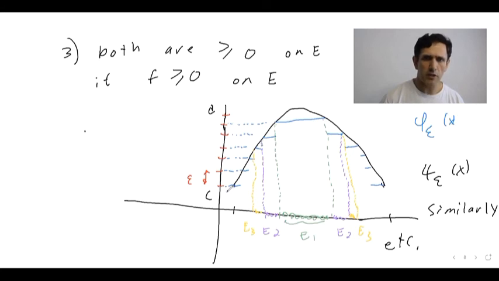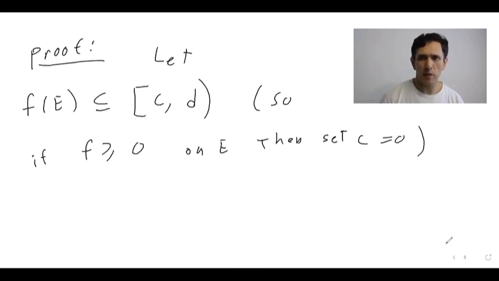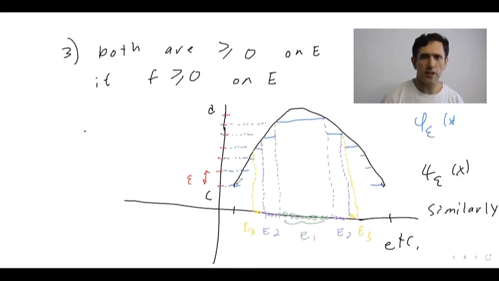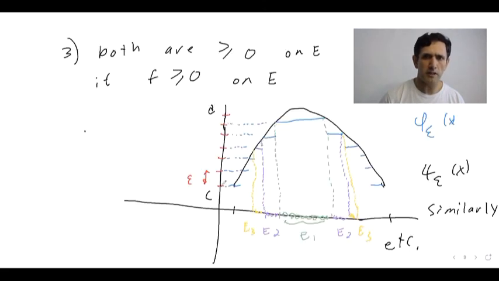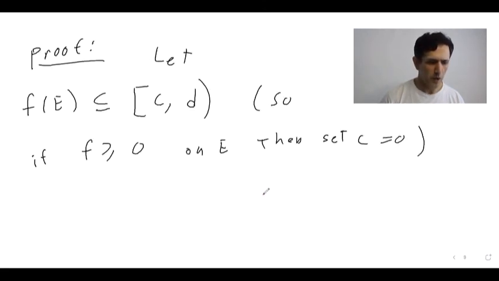Strictly speaking, I have to make D a teensy-weensy bit higher, but I'm just doing half open, half closed to make things technically easier. But intuitively, this is my D and this is my C.